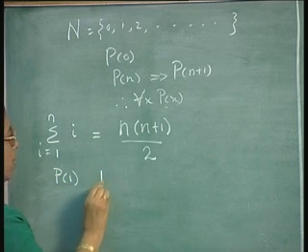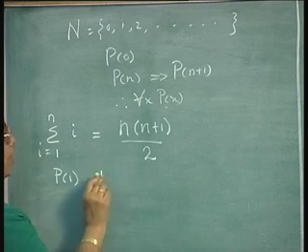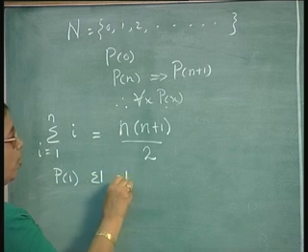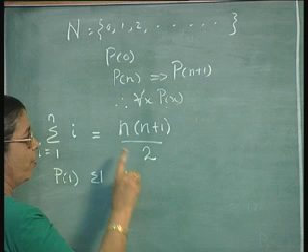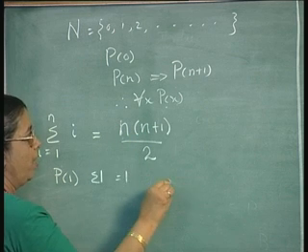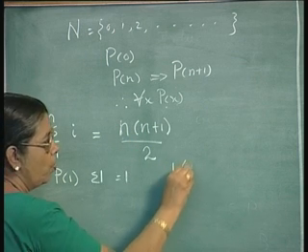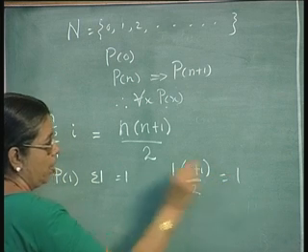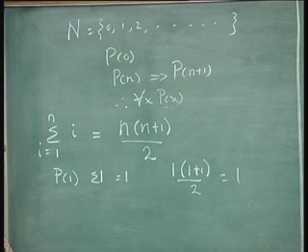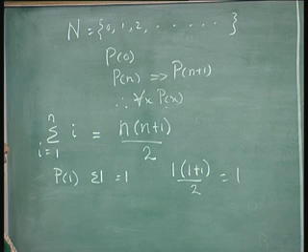Sigma i for just 1 is equal to 1 only, and here if you substitute a value of 1 for n, what will you get? 1 into 1 plus 1 by 2, that is 1. So, the left hand side is equal to the right hand side, and so for the basis you have proved.